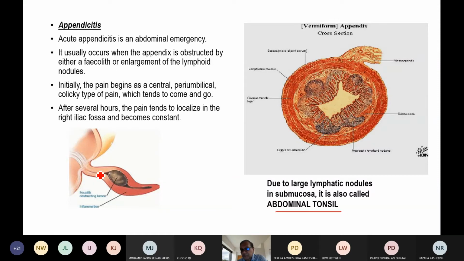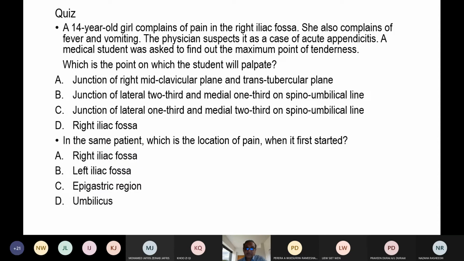This is how the fecalith actually enters, because in early childhood and adolescence this opening is quite wide. The fecalith goes there and then it obstructs. So remember that when the pain begins, it should always be in the periumbilical region, and only later will it localize over the right iliac fossa, at McBurney's point.